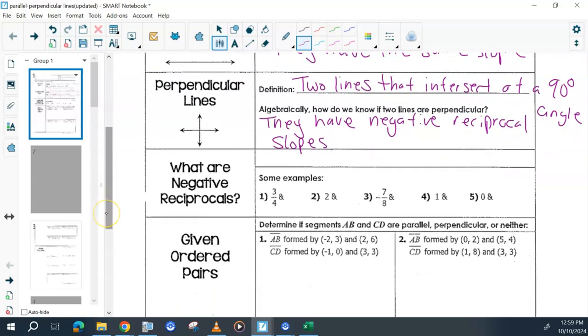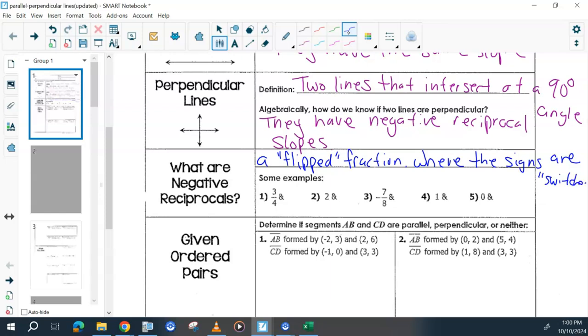So this is a flipped fraction where the signs are switched. Or you can say the signs are opposite.